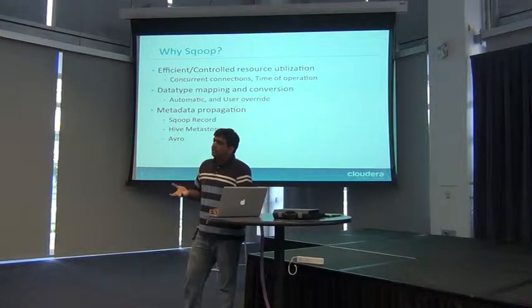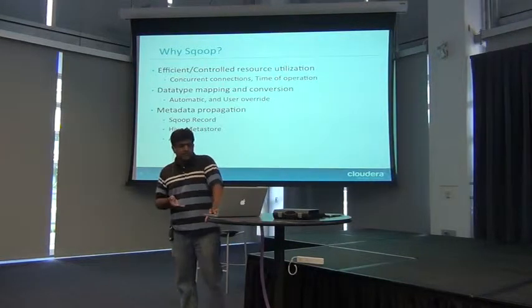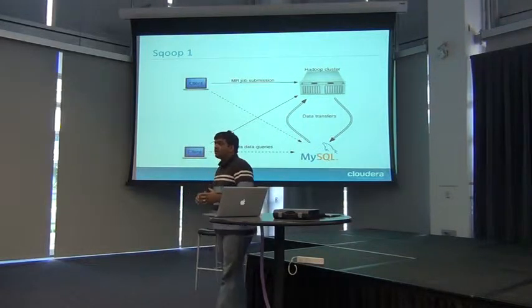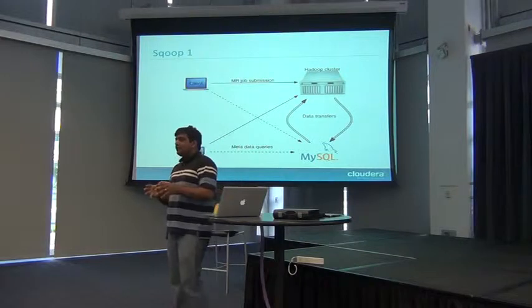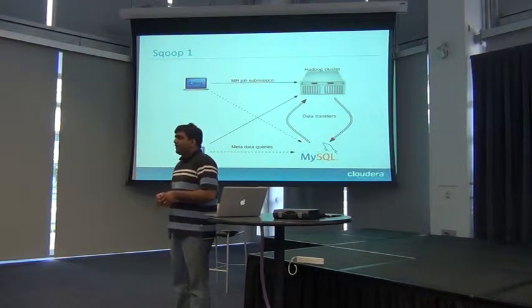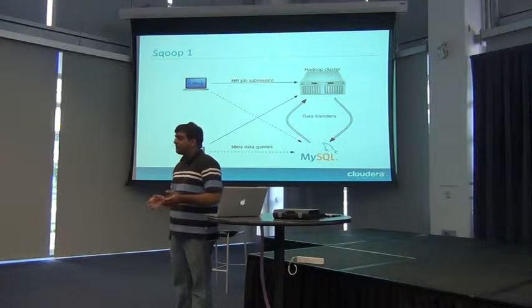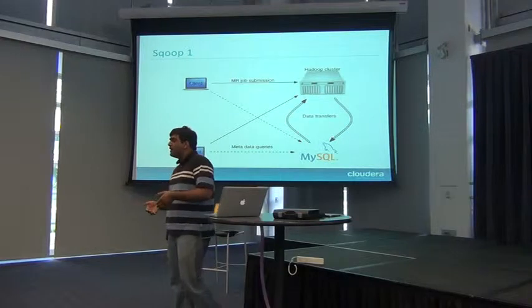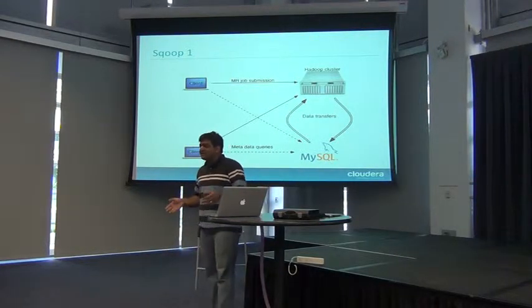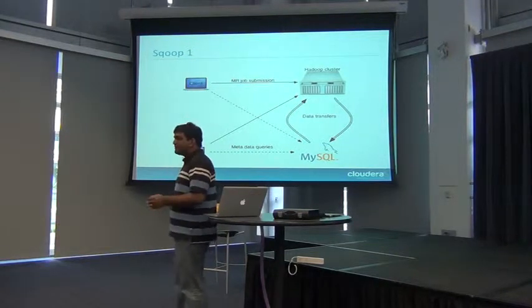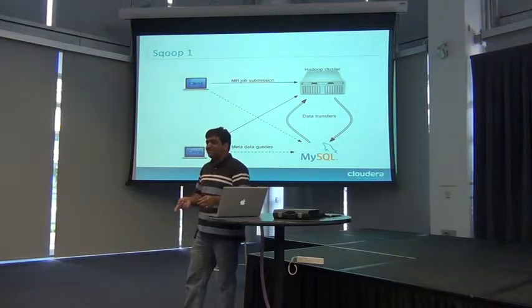Now, what is the architecture of Sqoop? How was Sqoop 1 designed? Sqoop 1 was a command line client. So you basically run Sqoop on the command line, and then you pass in a bunch of parameters. I don't think people have actually counted the number of parameters you can pass to Sqoop 1. It is somewhere between 60 and 70 parameters, and the problem with that is you have no idea which two parameters can be combined together.